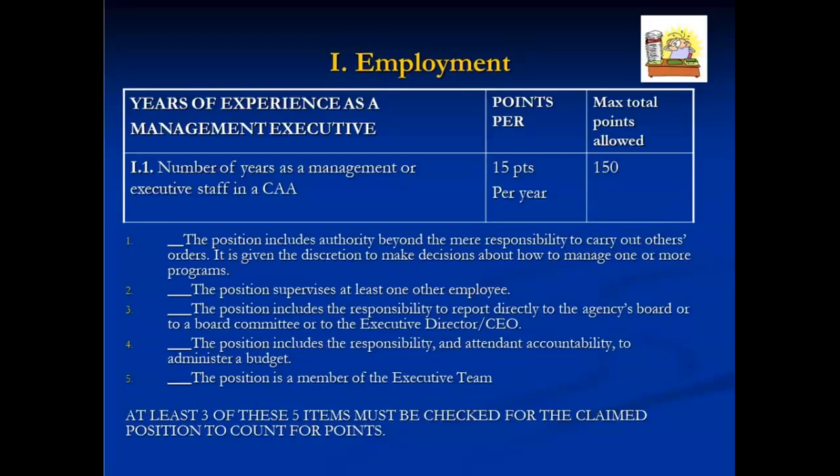That qualifies. For example, it includes the authority beyond the mere responsibility to carry out others' orders and has discretion. But maybe you don't supervise at least one other employee.